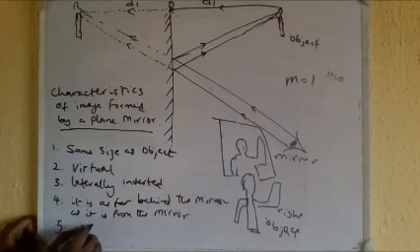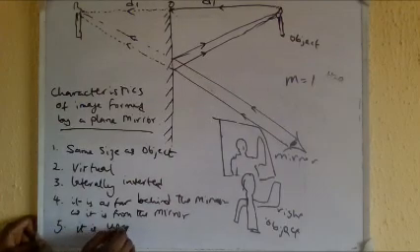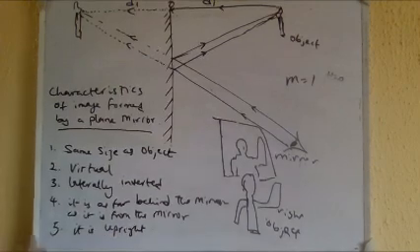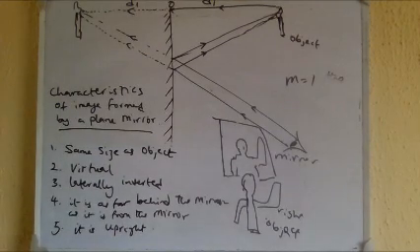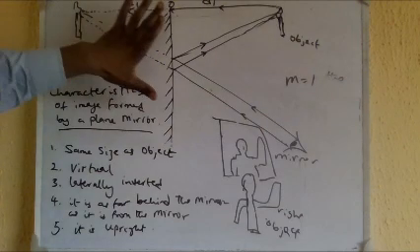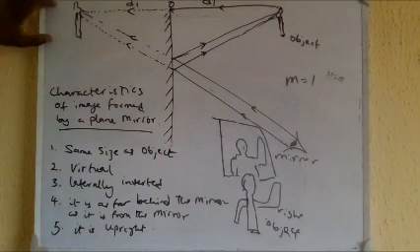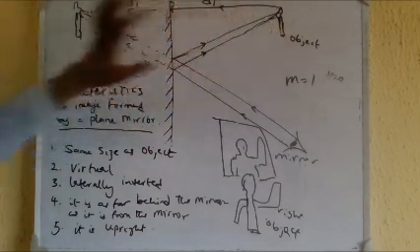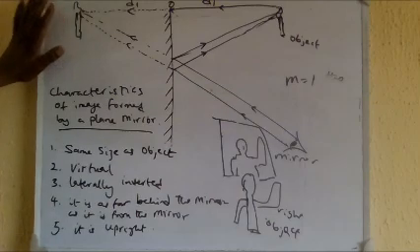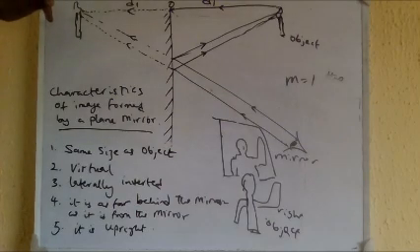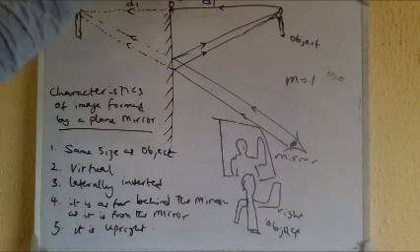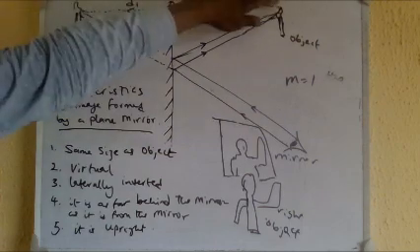You know, we talked about the pinhole camera in the previous video, and the pinhole camera produces an inverted image. But for the plane mirror, the image is upright. It's upright, not inverted. It's not upside down. And the distance from the mirror is the same as the distance from the object to the mirror.